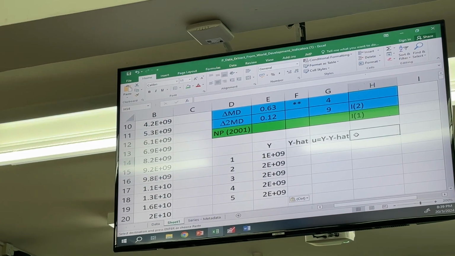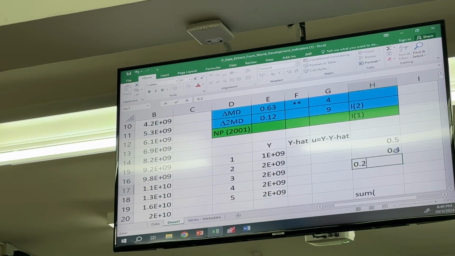So how about residual sum of squares? For the residual sum of squares, you square them, you power 2 for each of them. Then you sum them together, from here to here. Let's say here is 0.5, the gap, this is 0.4, 0.2, 0.7, 0.5.